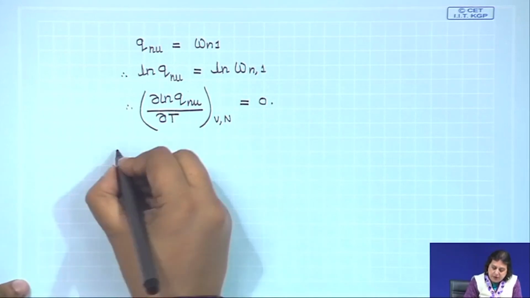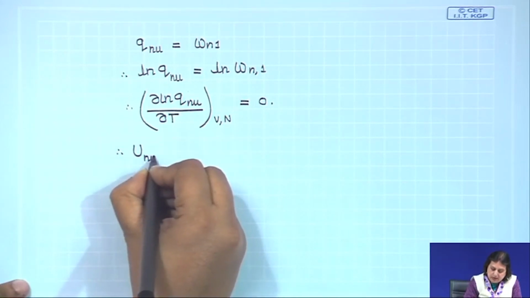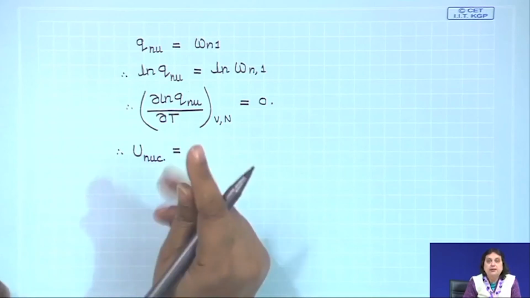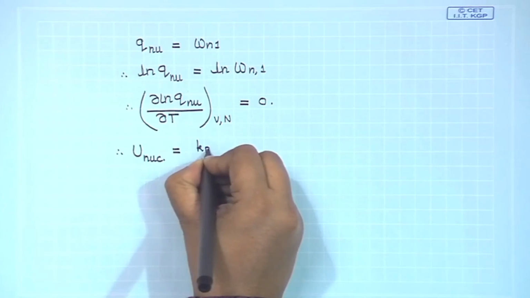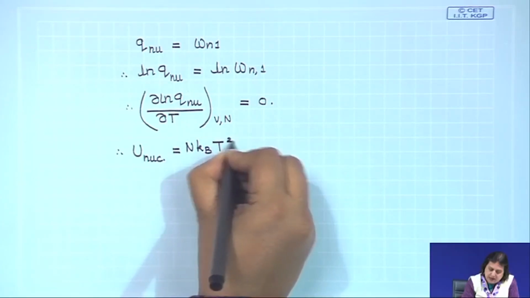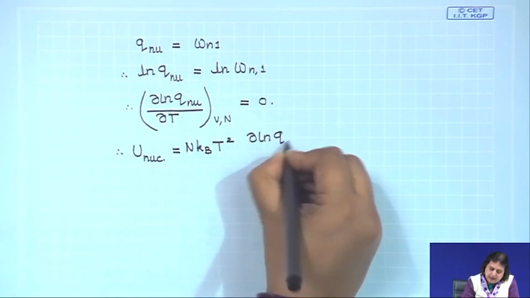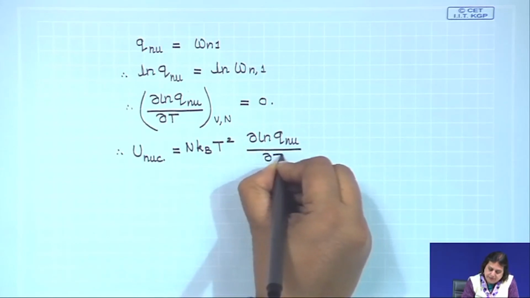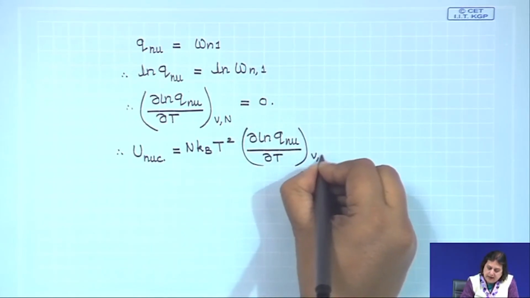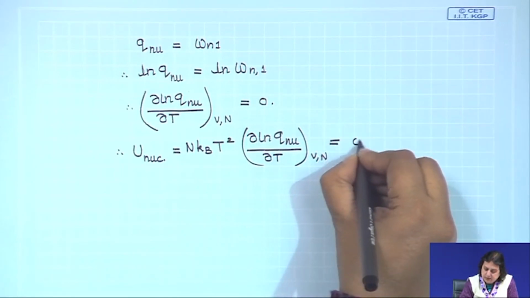Therefore, I can say that u nuclear here, assuming as 0 of energy the ground nuclear energy state, there will be no contribution to the overall internal energy by setting the ground nuclear energy state to be equal to 0. So, this would be given by capital N kBT square del ln q nuclear del T at constant V and N, and this is 0.